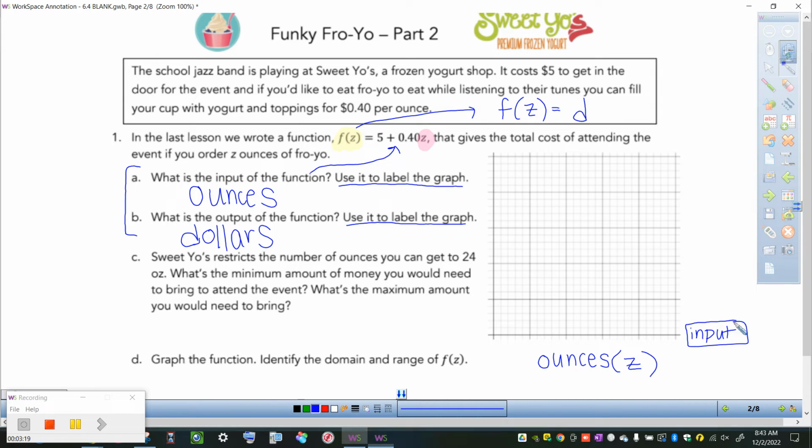And then putting the output on the y-axis here, you could put dollars or you could put cost. I'm just going to stick with dollars and how we were thinking about this yesterday. Instead of using z for dollars, though, I'm going to use the function notation. So I'm going to write this as f of z. This is a function based on ounces that's going to output the number of dollars.